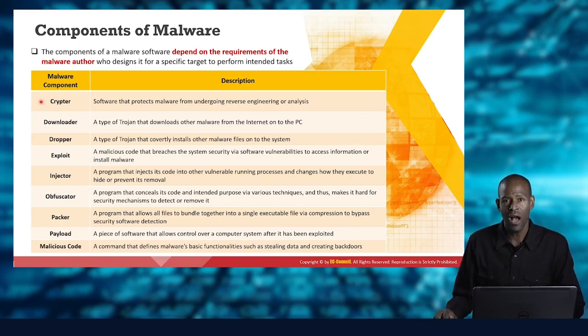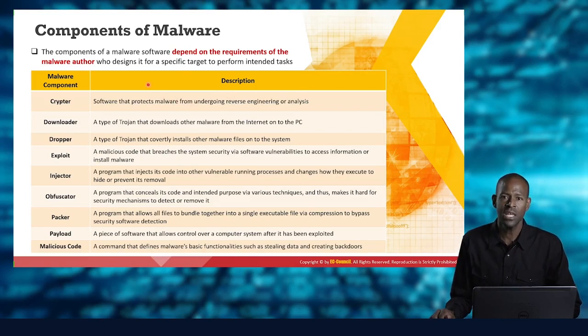What the author of the malware doesn't want us to do is precisely that, reverse engineer or analyze it. So they have protections in the code to make it more difficult for me or you to see what's going on inside it.